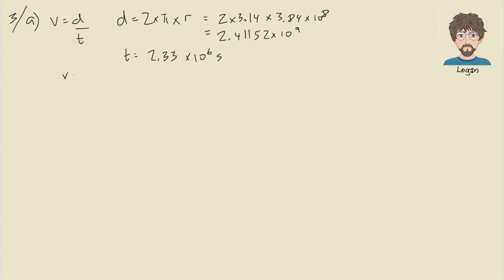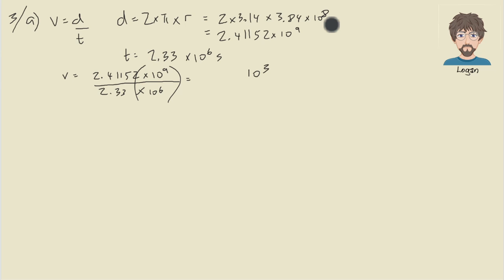So the speed equals 2.41152 times 10 to the 9 divided by 2.33 times 10 to the 6. Now we can do this bit separately. That'll give us 10 to the 3.